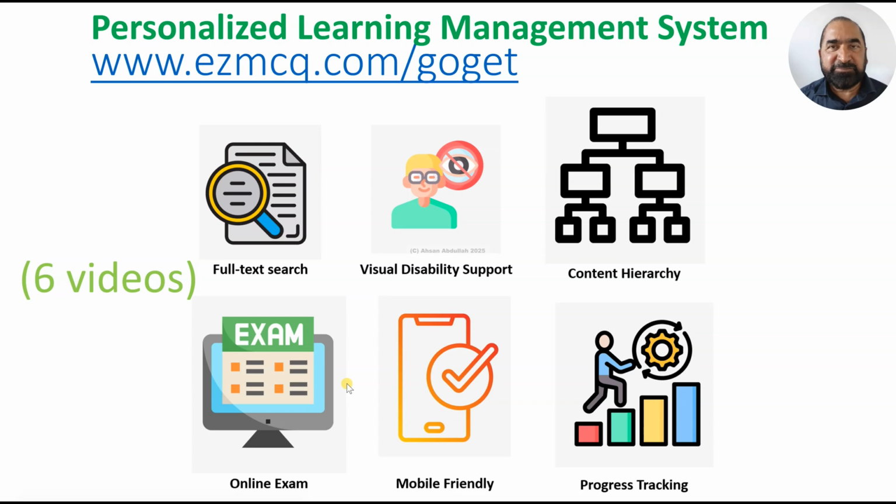Learning management system, and it has some wonderful features which help you get the most out of it. It provides full text search, basic and advanced, and you can search for the topics or the material of your interest. If there is any visual disability, the user can set the font size, the color, the line spacing, the type of font to maximize accessibility.